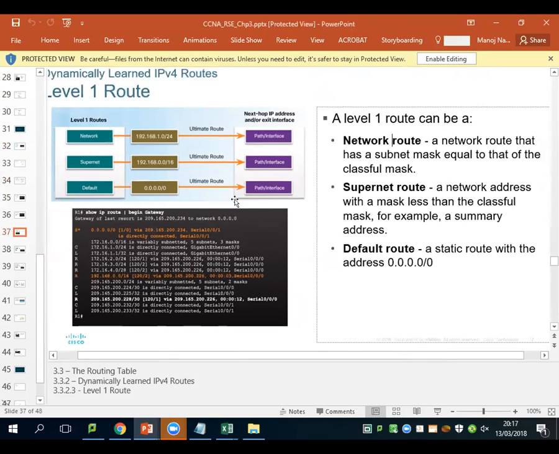So this is a /16 down here at the bottom. A network route has a subnet mask equal to that of the classful mask. A supernet route has a mask less than the classful mask, for example a summary address. We discussed summarization not a little while ago. And a static route with the address quad 0 is the default route. That's your level 1 routes.